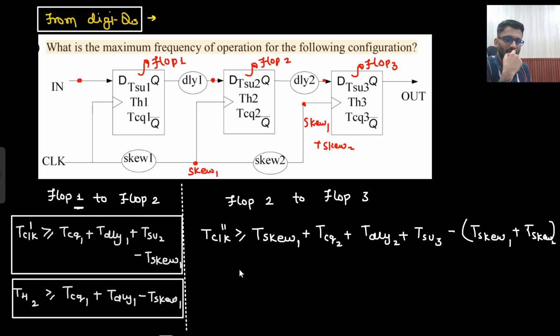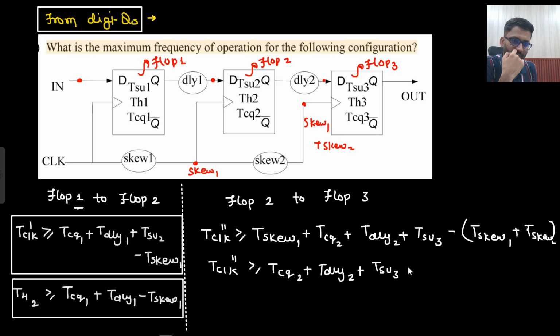Now T skew 1 and T skew 1 will get cancelled. So T clock dash will become T skew 2 plus T DLY 2 plus T setup 3 minus T skew 2. So this is your T clock.